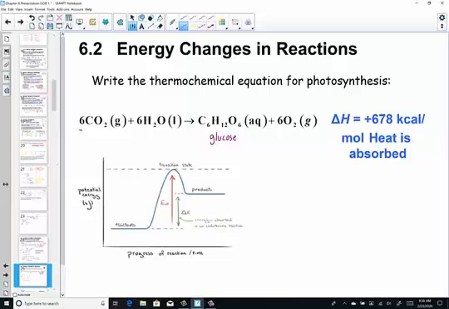The thermochemical equation includes the delta H at the end of your chemical sentence. So thermochemical equation says, write out your balanced chemical equation, and at the end of your sentence, include the information about delta H. Now notice this is a positive sign, meaning that it's heat absorbing.